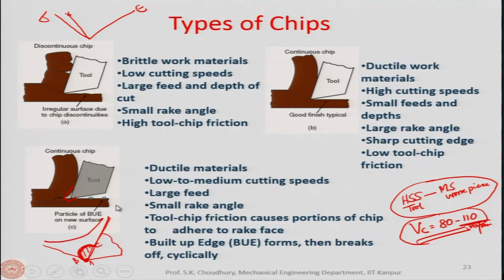Once again, because of the high strain rate of deformation and the very high pressure and temperature, a thin layer is removed from the chip which is in contact with the rake face of the tool, and as a result of that high pressure and temperature, a thin layer will also be removed from the rake face of the tool.